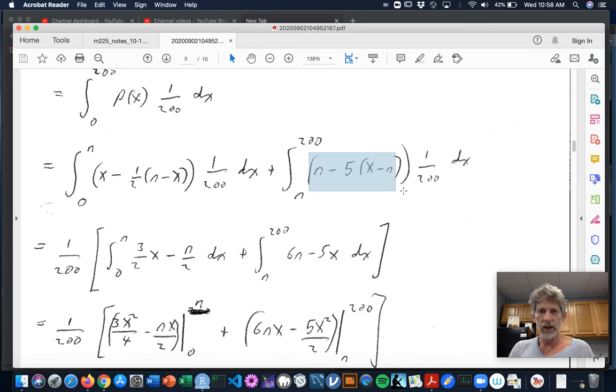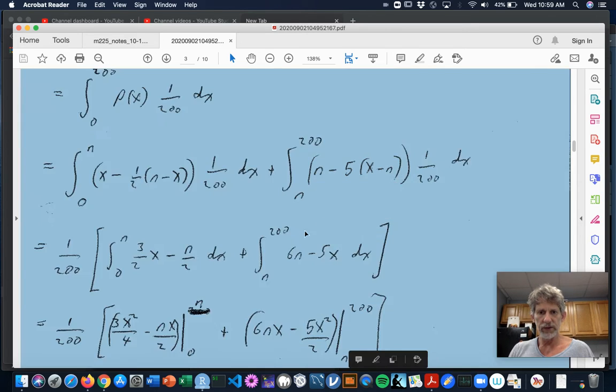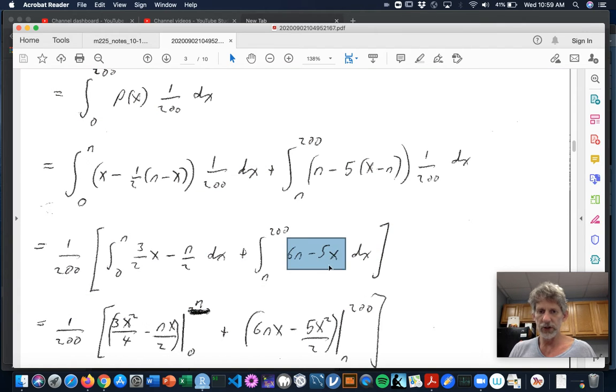Same here. So I'm going to make my simplifications, and this simplifies to this. This simplifies to this. So there's fewer terms to deal with there. The 1 over 200 is common, so I'm just going to go ahead and pull that out of both big terms. Okay, so think ahead about how to set my work up so that I have the least amount of stuff to look at at any one moment.